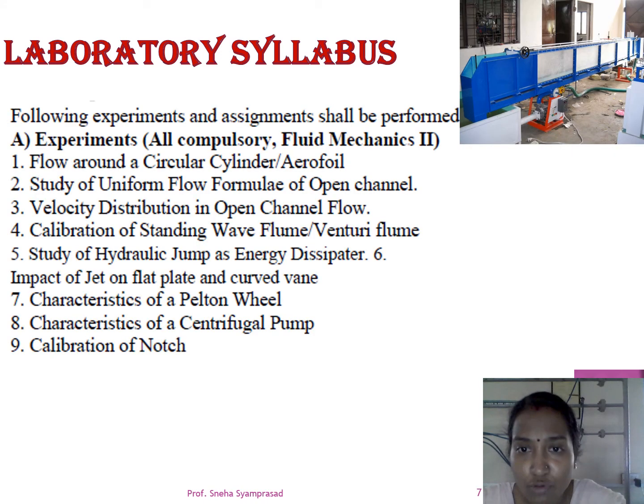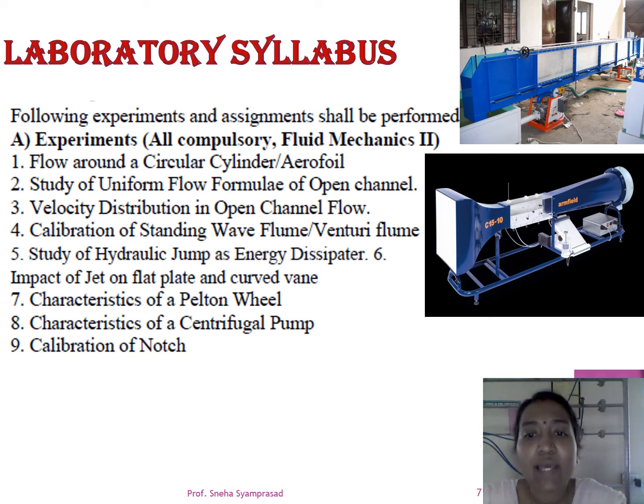Coming to the laboratory section, what all things do you have in the laboratory? You can see here two images. The first, at the top, is called a tilting flume, and the second is the wind tunnel. Our first experiment, flow around a circular cylinder or aerofoil, is conducted on the wind tunnel.